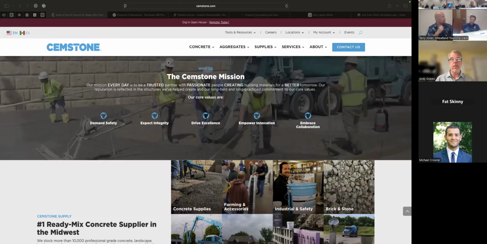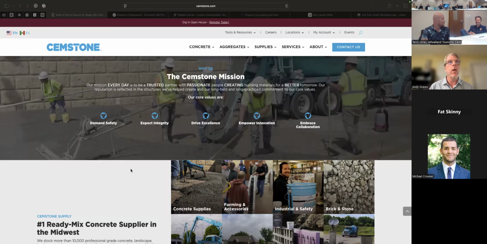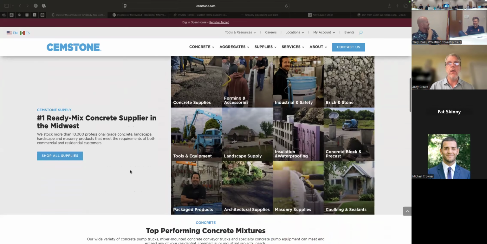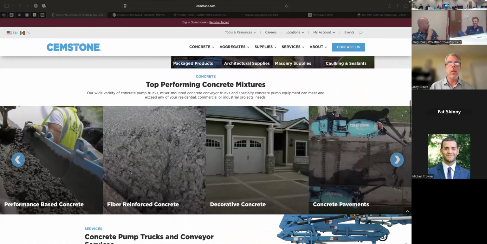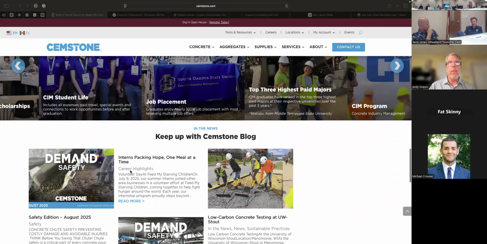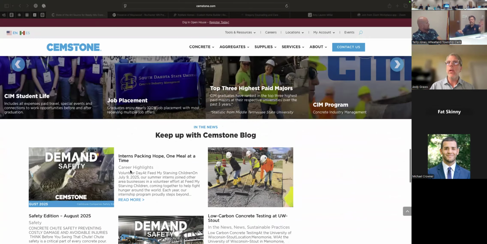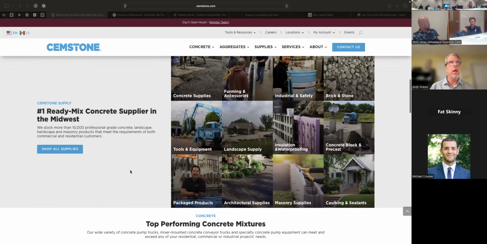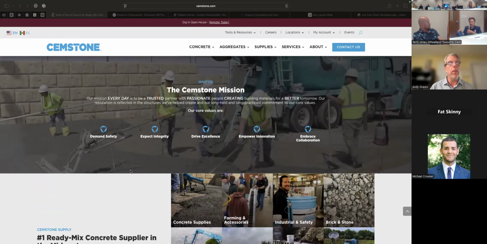Is everyone able to see the Simstone site? Is that showing up okay? Okay. Yes. So these are concrete folks, and so there's only so much excitement that goes into concrete. But anyhow, you can see that we include lots of compelling imagery and do all that we can.